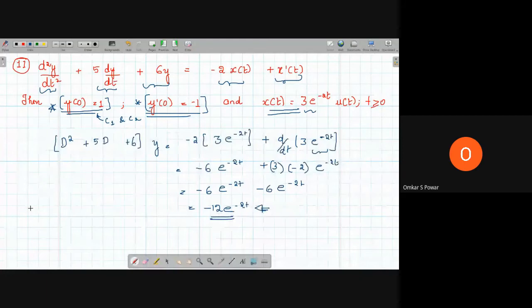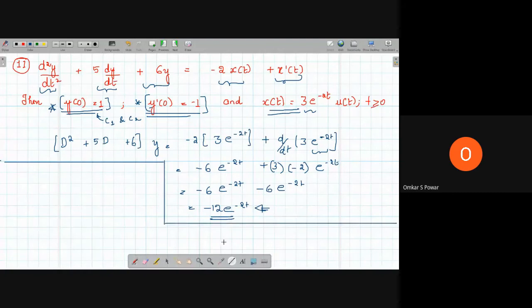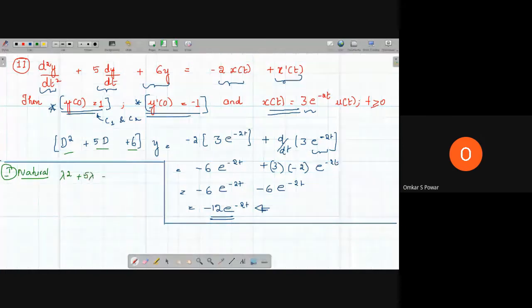Now, what is our first step? To find the natural response. Then you have to find the forced response. So let us solve. First one, natural response. So we have D² + 5D + 6, so use λ² + 5λ + 6 = 0.